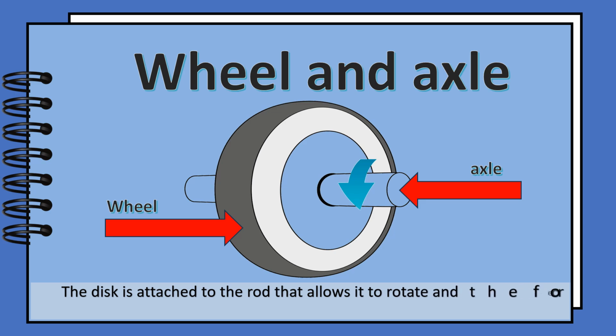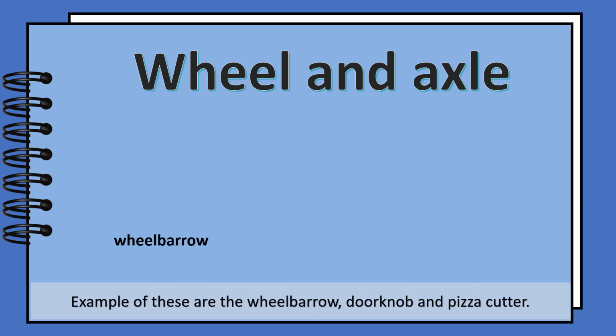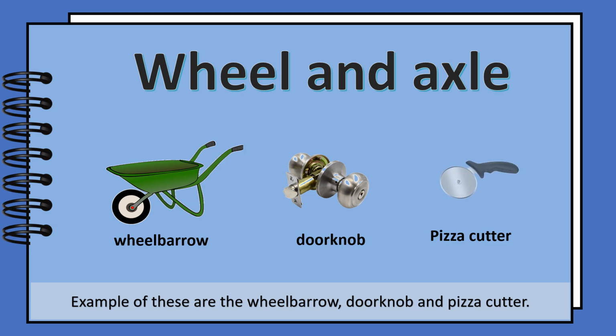The disc is attached to the rod that allows it to rotate and the force is transferred on it. Examples of these are wheelbarrow, doorknob, and pizza cutter.